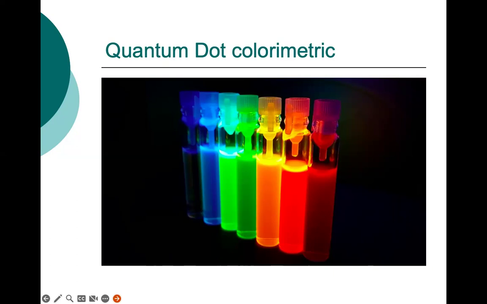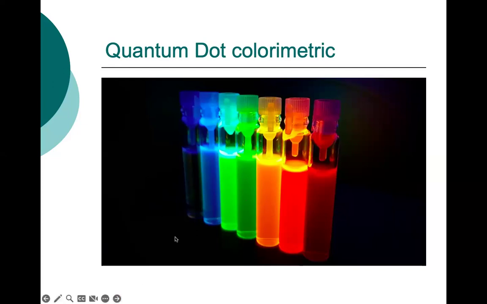You cannot just look at it in normal daylight or normal lights, but it has to be under a fluorescence lamp. If you look at it under normal lights, you cannot see the colors. Like here, we have different sets of colors due to different sizes of the quantum dot nanoparticles. If it is under fluorescence light, you can see the difference.